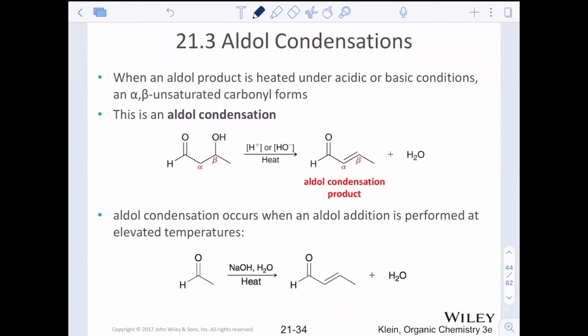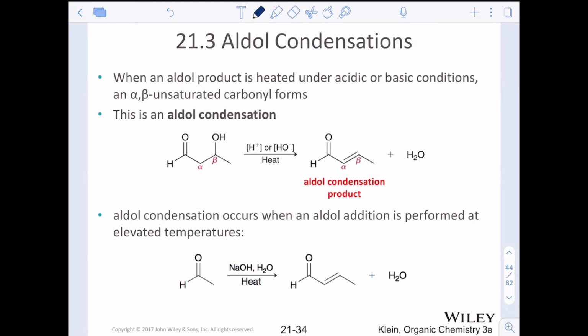What we do to mitigate the reverse reaction, the retroaldol reaction, is actually use a condensation reaction. Typically we will do these condensation reactions under basic conditions. You can do them under acidic conditions, but we're going to deal with just basic conditions.